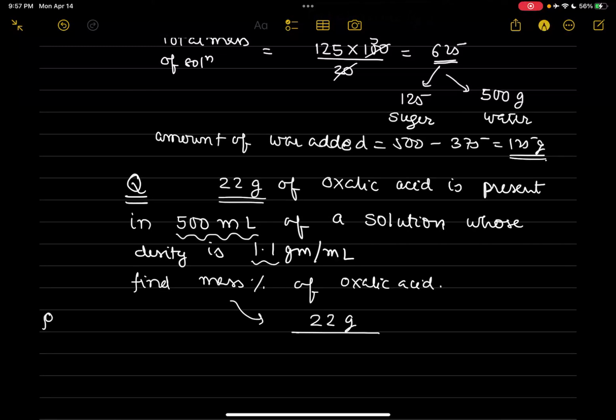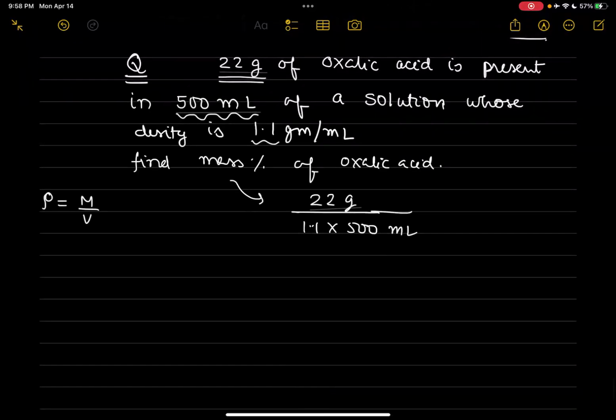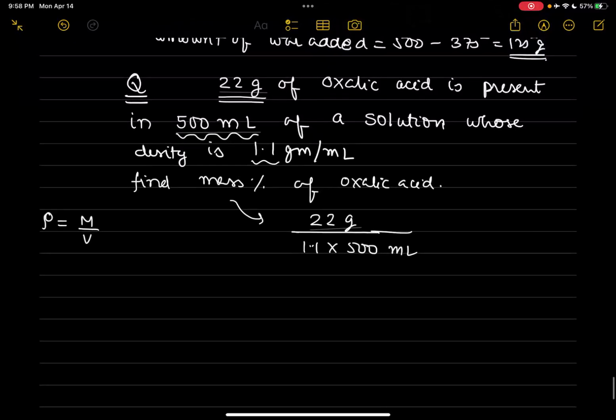What is the formula? Density equals mass upon volume, so mass equals density into volume. Density is 1.1, volume is 500. Into 100 because you're finding the percentage. Now I hope it is clear to you.